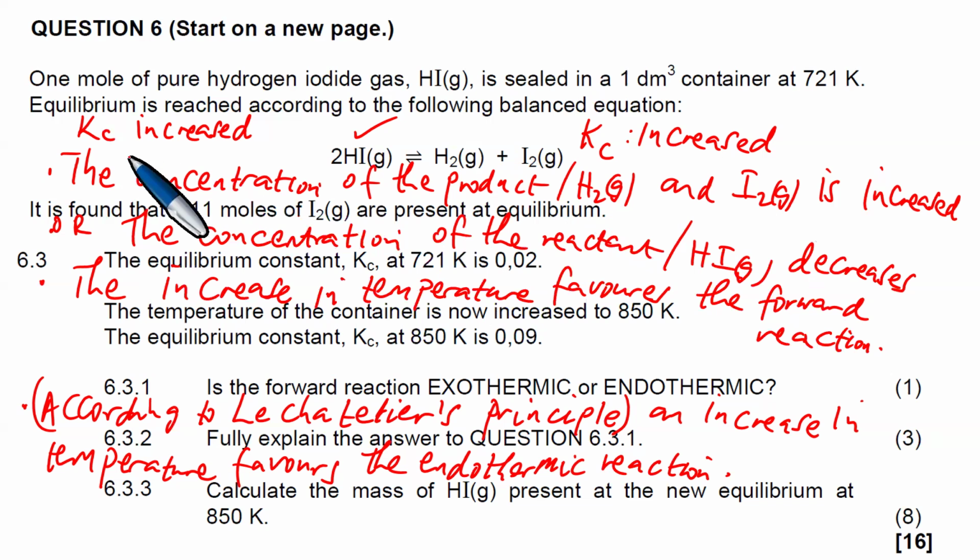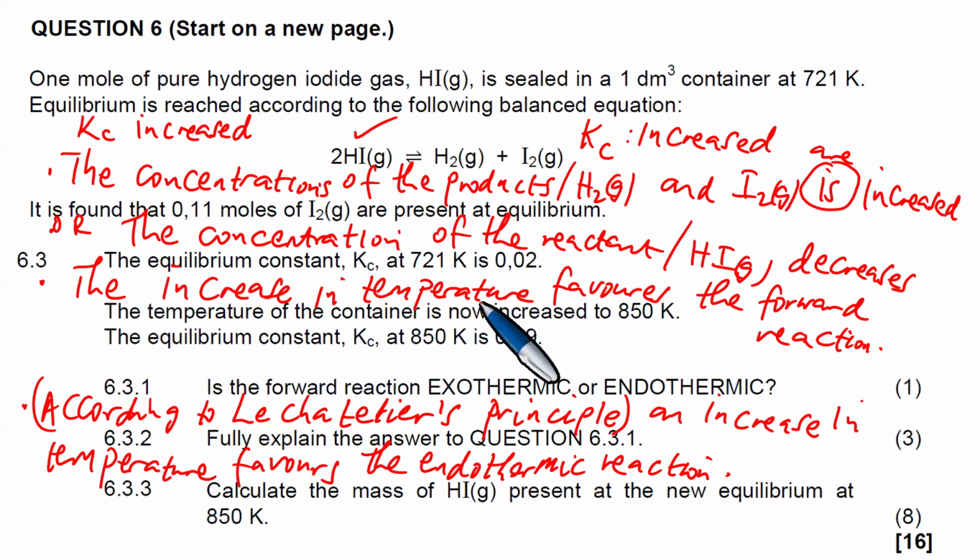So you can use the fact that the concentrations of the products, hydrogen and iodine, are increased, or the concentration of the reactant hydrogen iodide decreases.